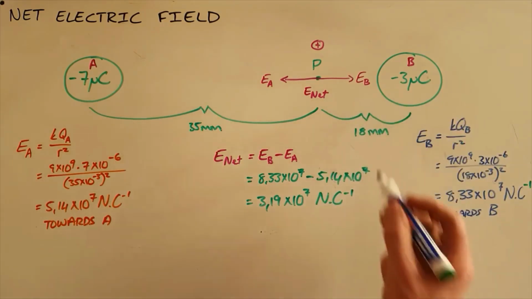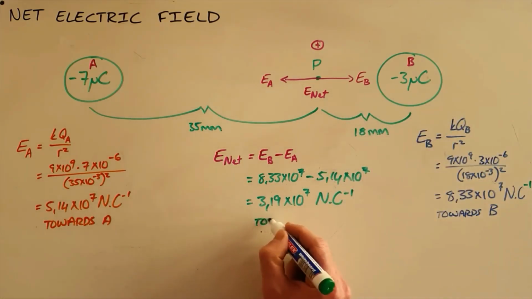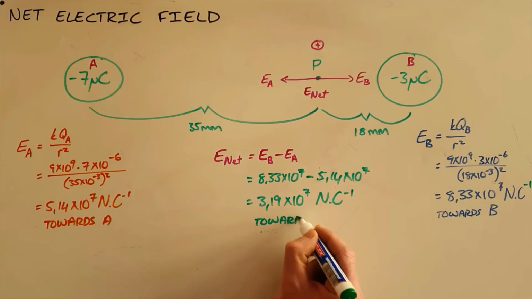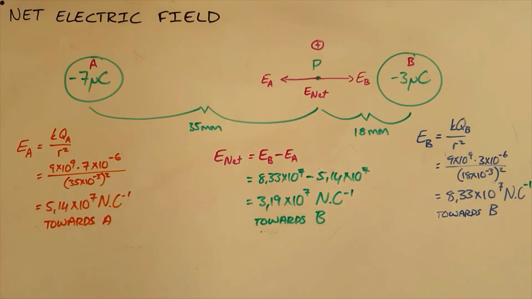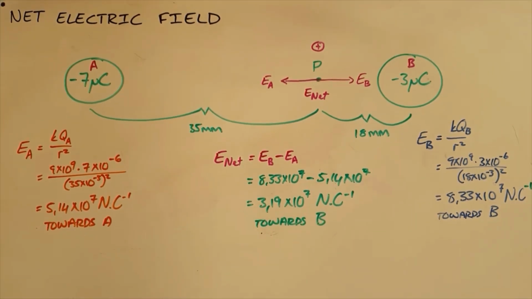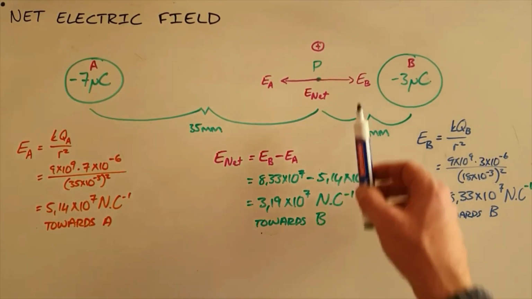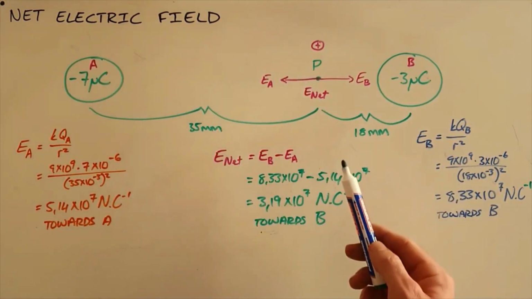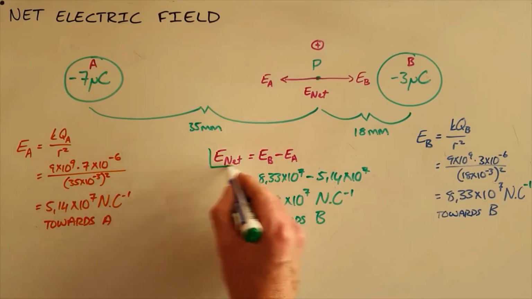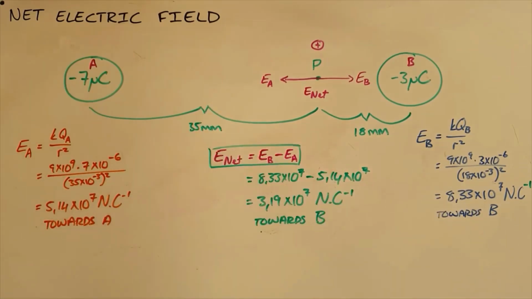And as we can see, this is towards the right, or more accurately, towards charge B. So once again, your free body diagram is very important here, where you're identifying the direction of each electric field so you can very easily write an expression for your net electric field.